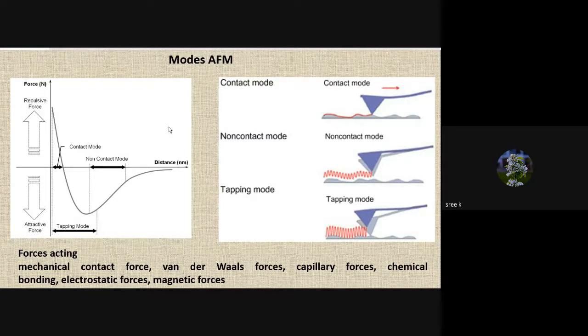This attractive and repulsive force are used for getting different modes of AFM, like contact mode, non-contact mode, and tapping mode. And here also, by adjusting the height and the force between the atoms of the tip and the sample, you can get the topographic image of the sample.